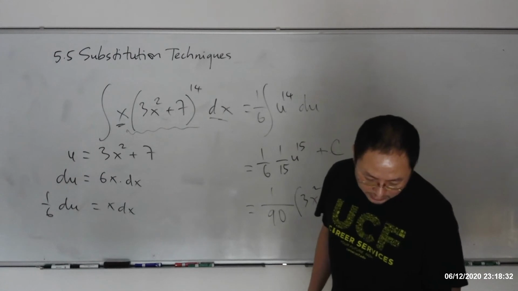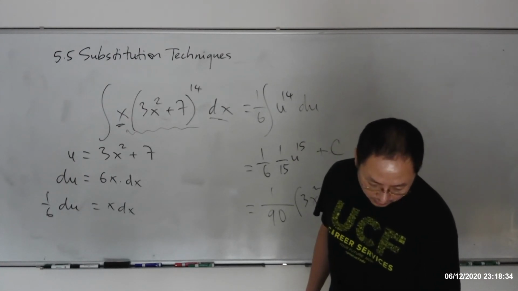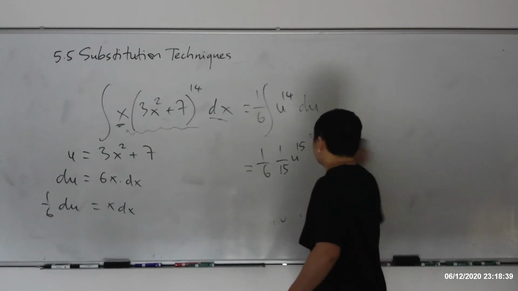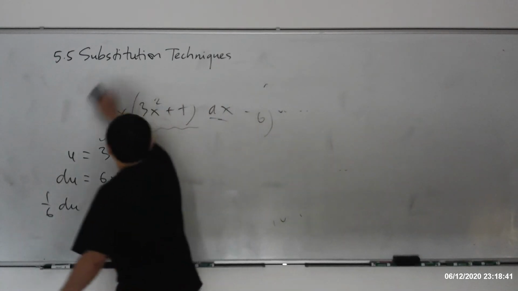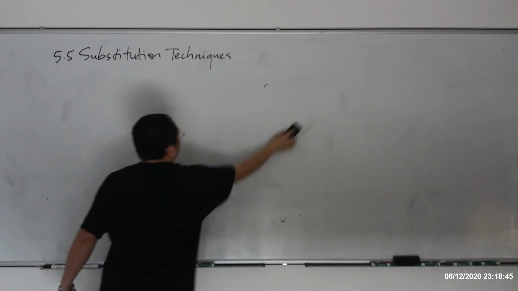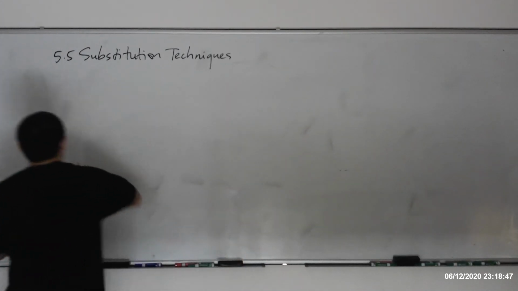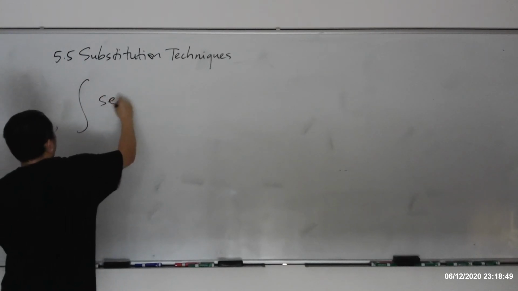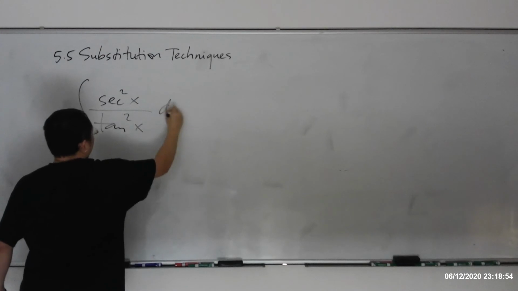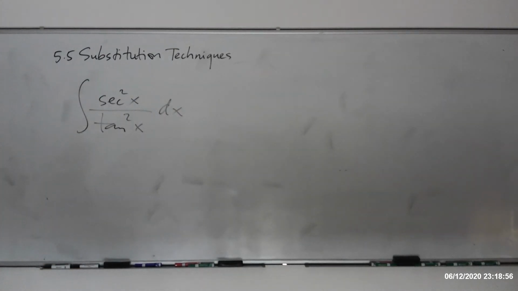Okay, one more example, then I will call it the end of the section. I saw this in the book, so let me do it. Integral of secant squared of x over tangent squared of x dx. So what do I see here?